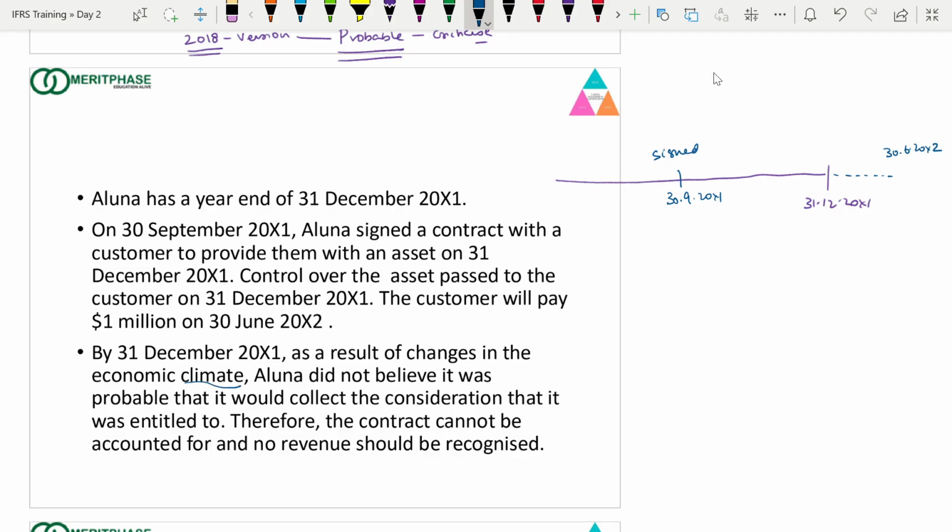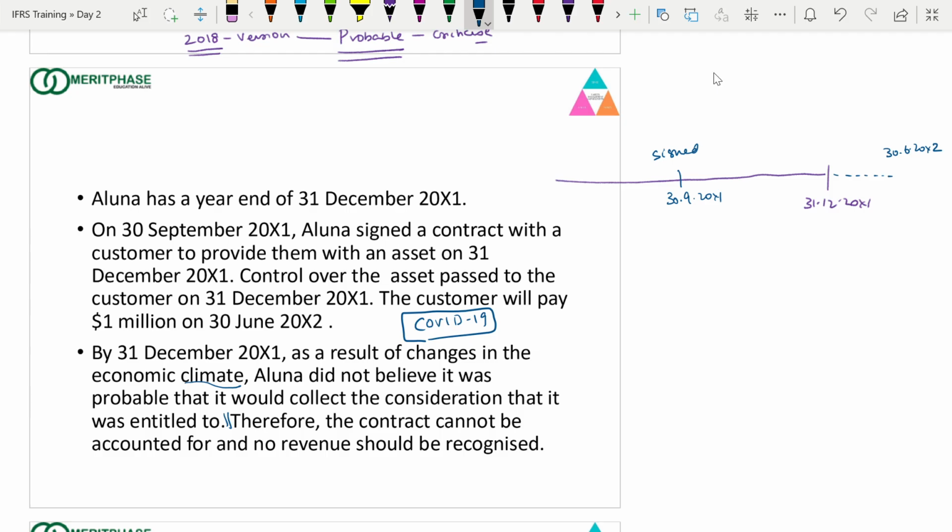This is with reference to what happened with COVID-19. On 31st December, as a result of changes in the climate, Aluna did not believe it probable that it would collect the consideration it is entitled to.